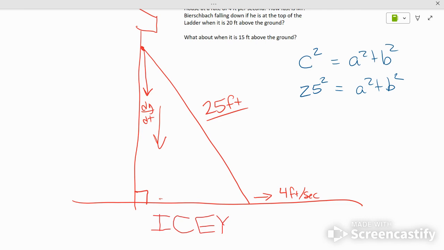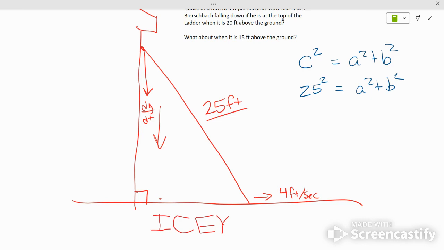So if we're talking about changing as time happens, Taylor, you got to pay attention to this. As we change, we have to do derivatives. Now, we have multiple variables today, and we're talking about changing of things versus time.